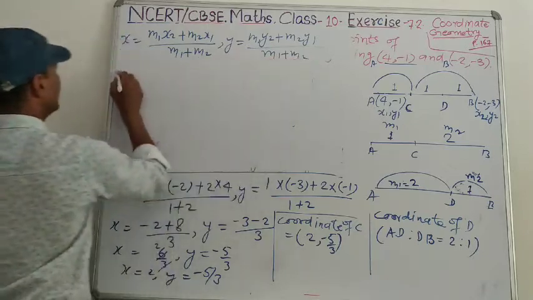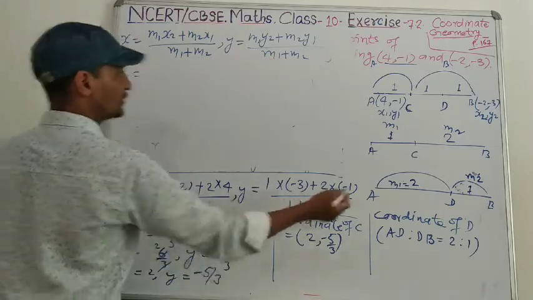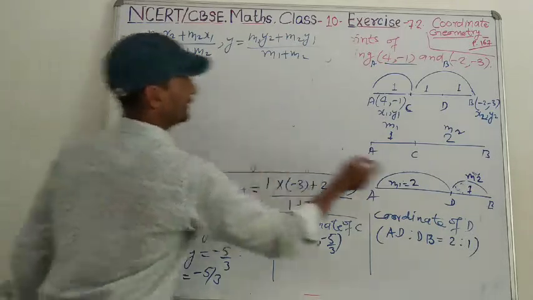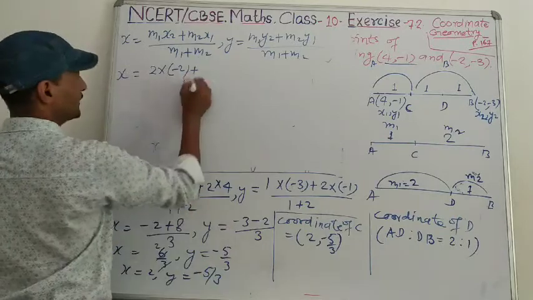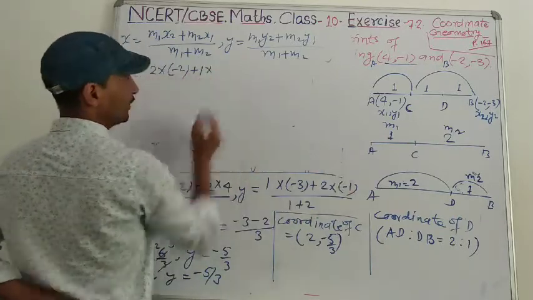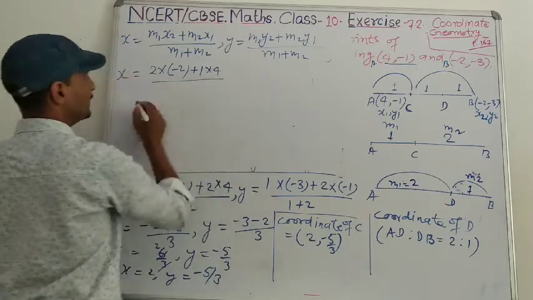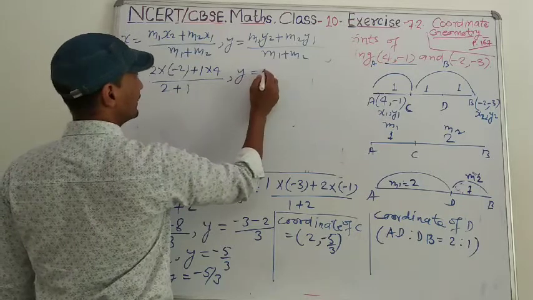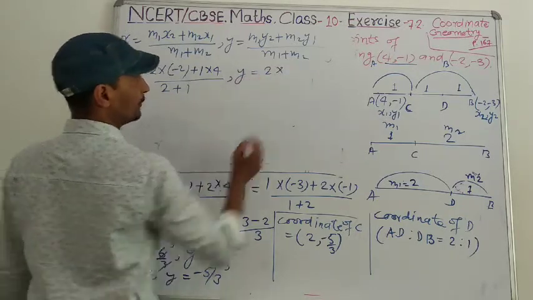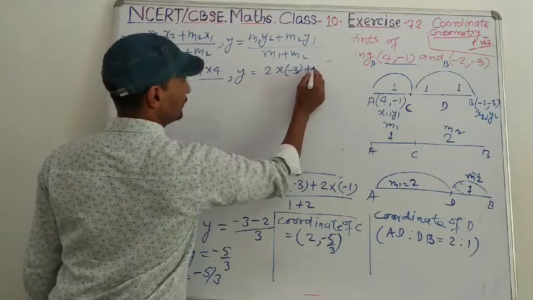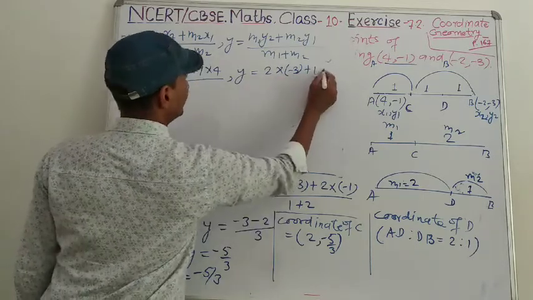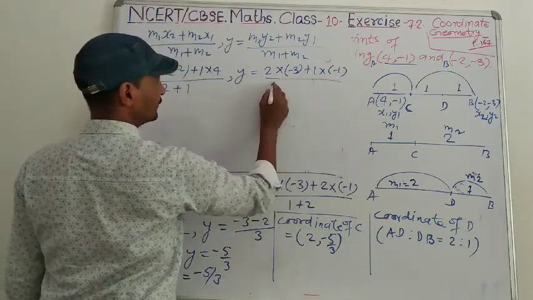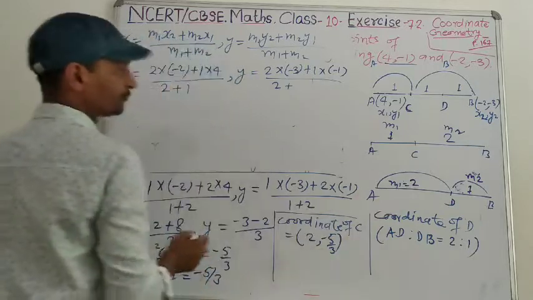So x equals, what is m1? M1 is 2 for this case and x2 is minus 2. See there, x2 is minus 2, plus m2 is 1 into x1, x1 is 4, divided by m1 plus m2, 2 plus 1. y equals m1 is 2 into y2 is minus 3, m2 is 1 into y1 is minus 1, by m1 plus m2.